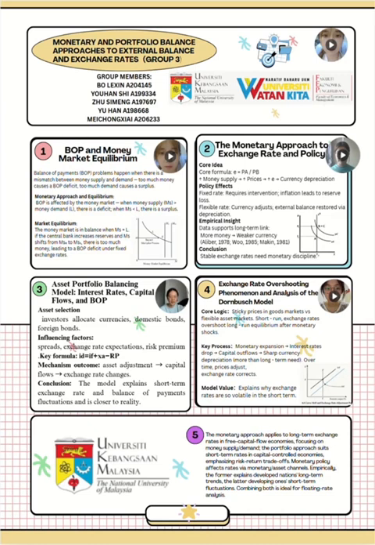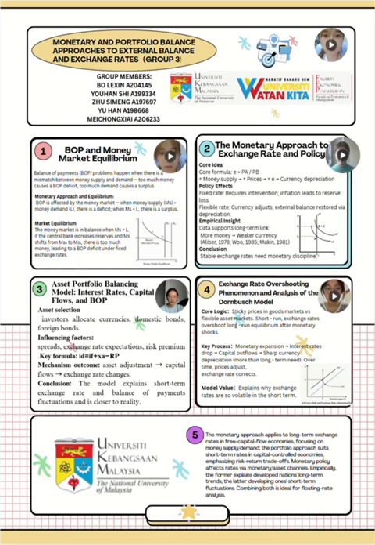Investor behavior is mainly influenced by three factors: interest rate differentials, exchange rate expectations, and risk premiums. These drive capital flows, which in turn affect exchange rates and the balance of payments.